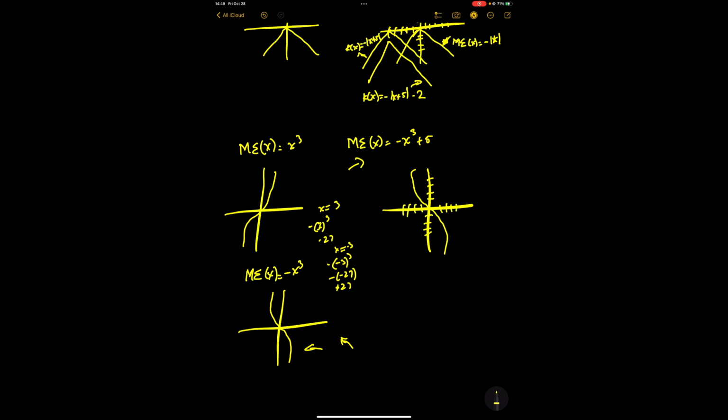Now is it gonna go up or down? It's gonna go up. So that means 1, 2, 3, 4, 5. This is gonna go something like this. Boom. And this right here is m of x equals negative x cubed, and that one is math stats of x equals negative x cubed plus 5.